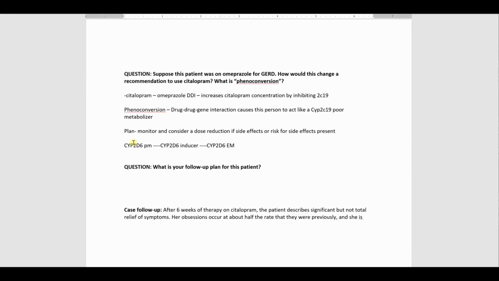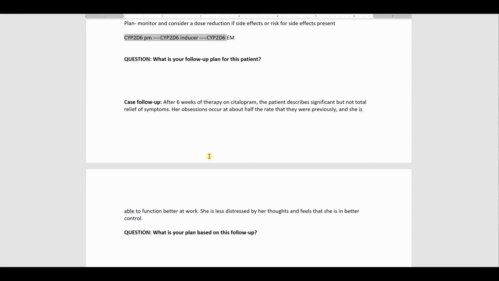So again, the point is just drug-drug interactions, and I think we'll begin to see this someday, even in CVS, is when genetic profiles become much more commonplace and are entered into these interaction programs. We'll have these so-called phenoconversions where it ends up being a drug-drug gene interaction. And the final question is, what was your follow-up plan for this patient?